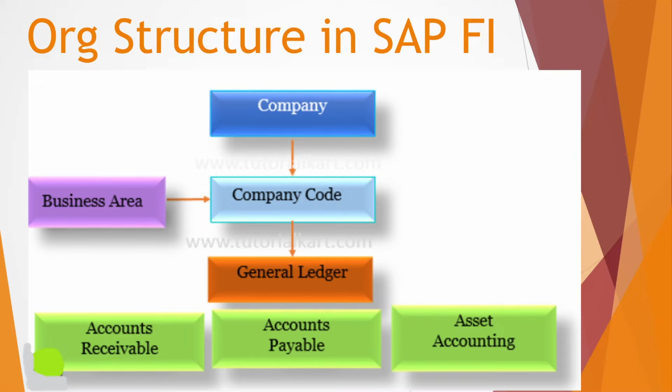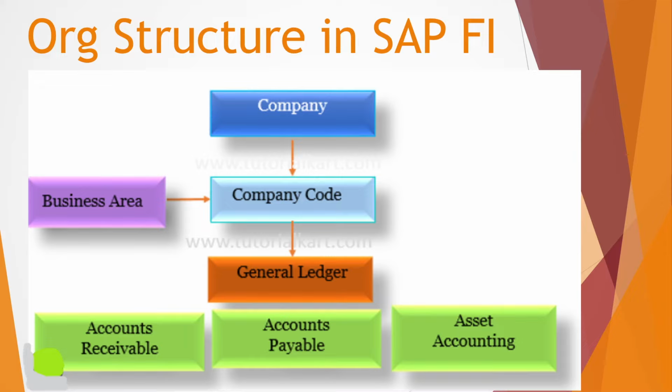But in the overall org structure, company code is the one which you will have to create. You do not have a choice for it. If you don't have a company code, you cannot have any of the other things. All other things are optional.